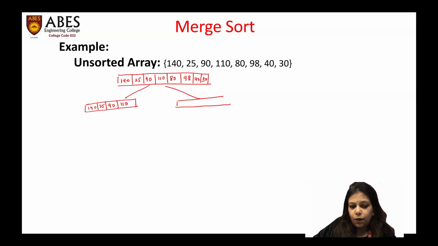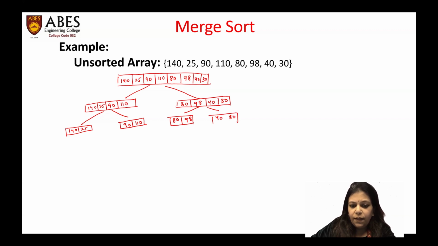Recursively, we have to call the merge sort. And then 80, 98, 40, and 30 will be called separately. Again, this will be divided into two smaller parts having 2 elements each. This will have 140 and 25, and this will have 90 and 110. And here we will have 80 and 98, and the other array will have 40 and 30.